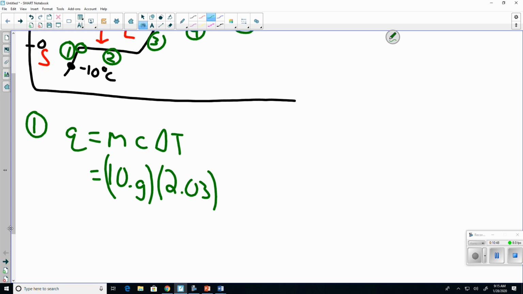So Colton, 0 minus -10 is... minus -10 would make it positive, yeah, 10. Zach, without a calculator, 10 times 2.03 times 10. Come on, you can do it.